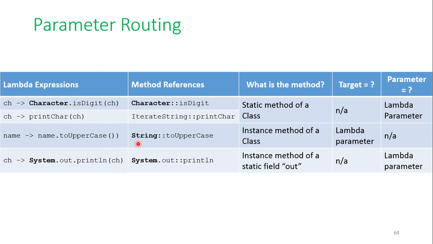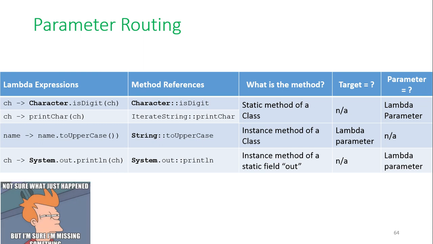The method is just called on an object. So this is what the two last columns summarize. Do we need a parameter? No, not applicable. Do we have a target? Yes, we have a target for the invocation of the instance method, which is actually the parameter of our lambda expression. So parameter of the lambda expression, keep in mind, that's one element of the stream.